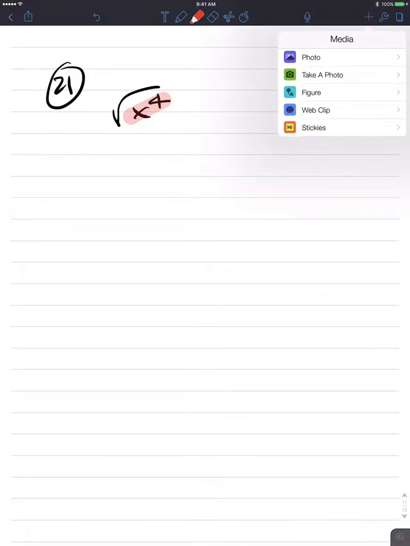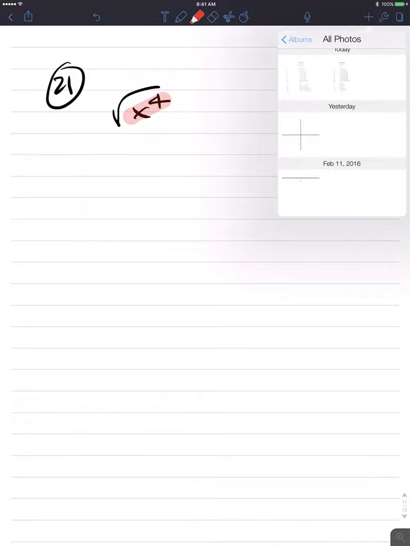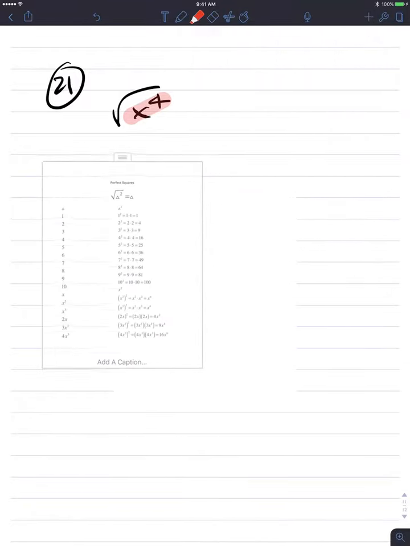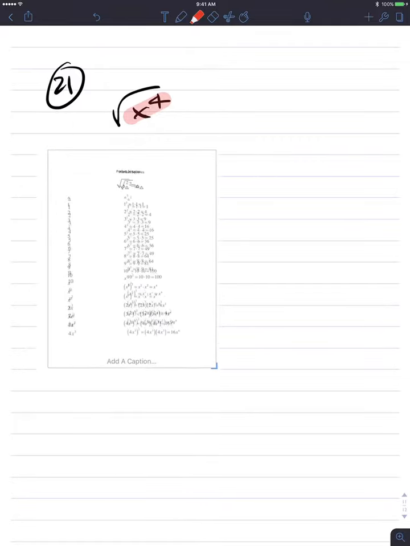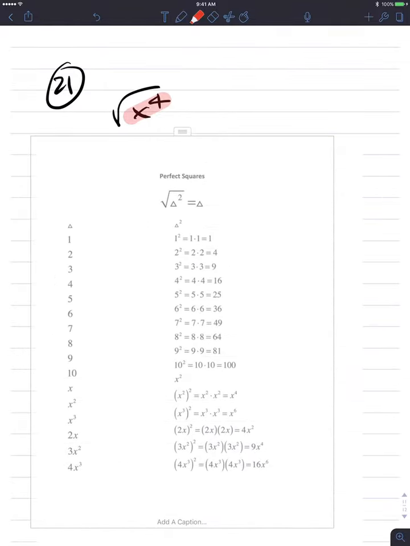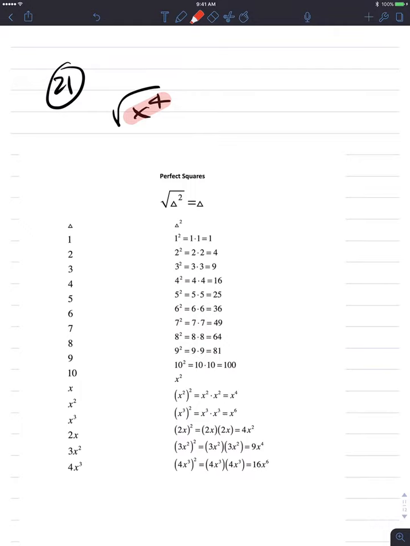Number 21. Square root of x to the fourth. X to the fourth is a perfect square. Now let's go into some detail here. If we look at our list again, we notice here on this list of perfect squares that x to the fourth is a perfect square.